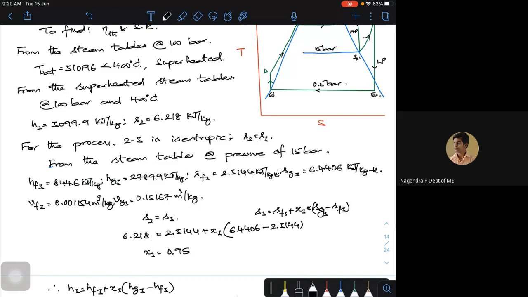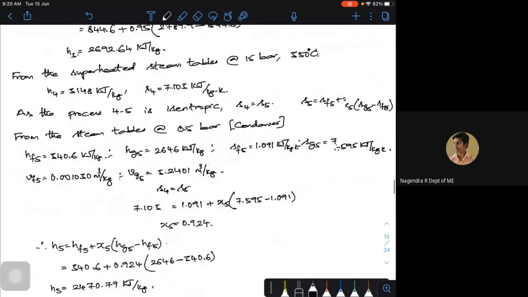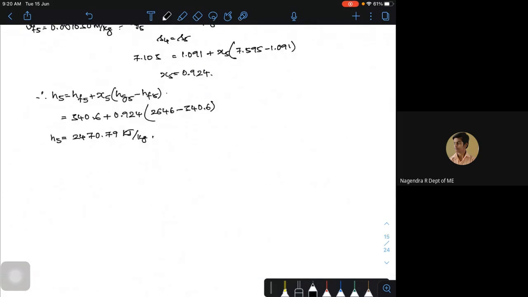I'll use H1 minus H6 is equal to VDP, that is V into P2 minus P5. As the process 6 to 1 is once again isentropic, isentropic means your ds is equal to 0, that is, the change in entropy is equal to 0.